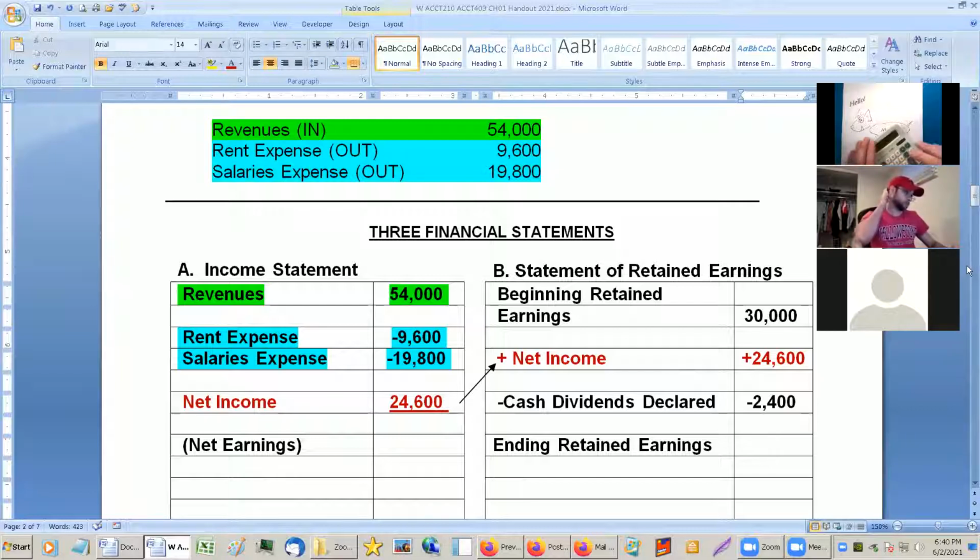Time for Mr. Calculator. So we're going to add the income. So it's going to be 52,200.